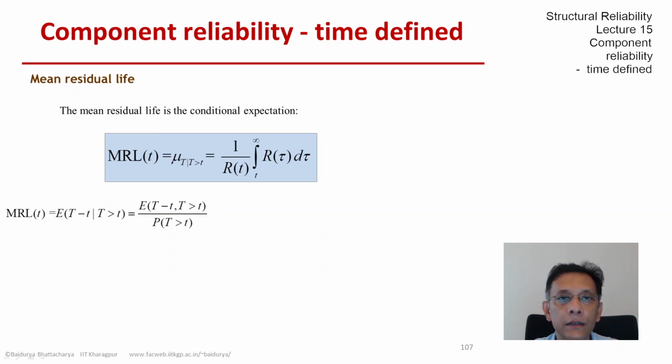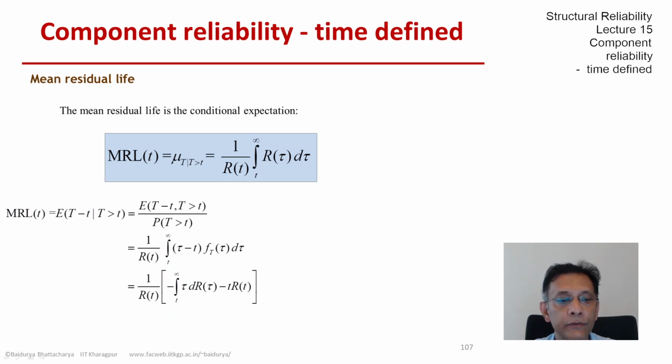In the denominator you have the probability that capital T is greater than small t, which by definition is the reliability at small t. So we have figured out that part, and now let's focus on the numerator. The numerator would be the integration from t to infinity of (tau minus t) times f(tau) d tau.